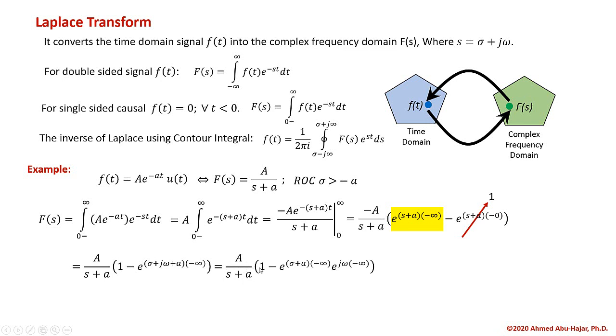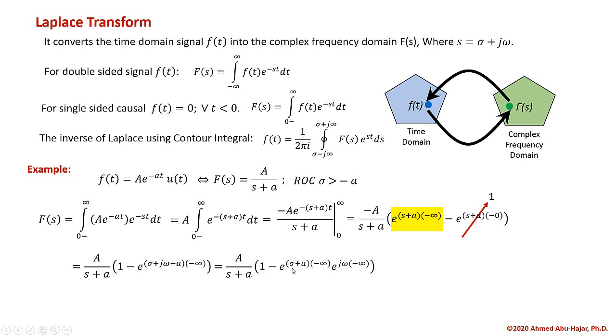The 1 is the same. What I will have here is e to the (sigma plus a) times minus infinity multiplied by e to the j omega times minus infinity, basically by breaking the addition of the exponents within the exponential functions, they became multiplication.